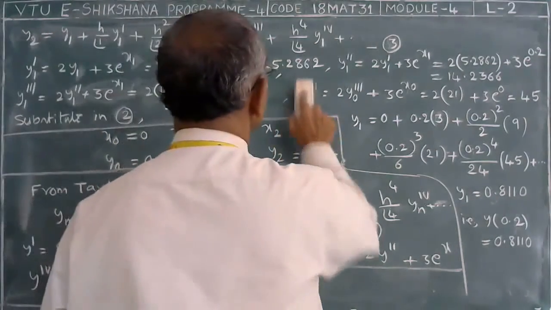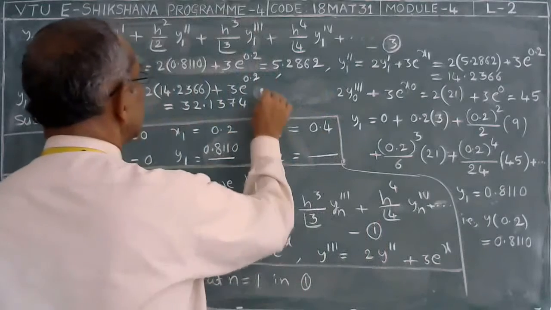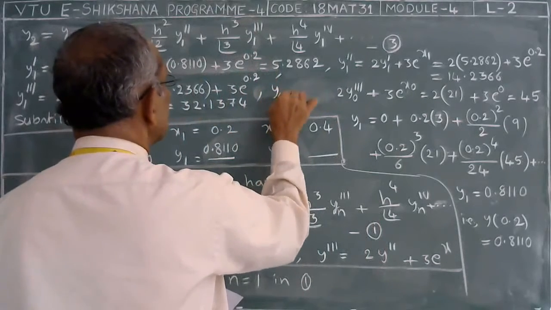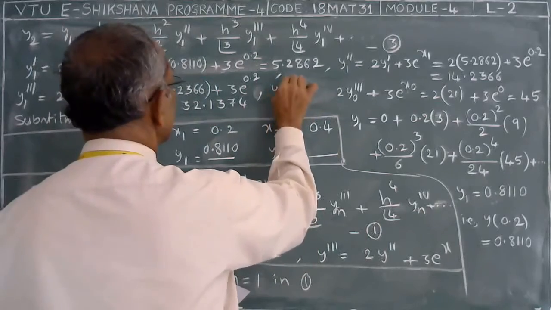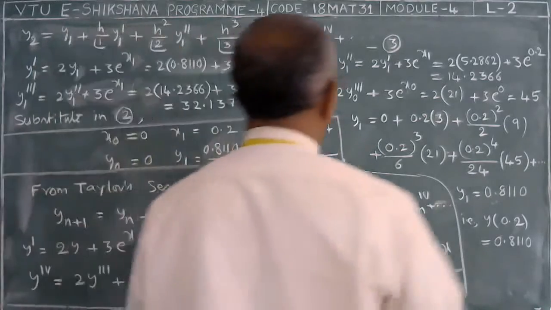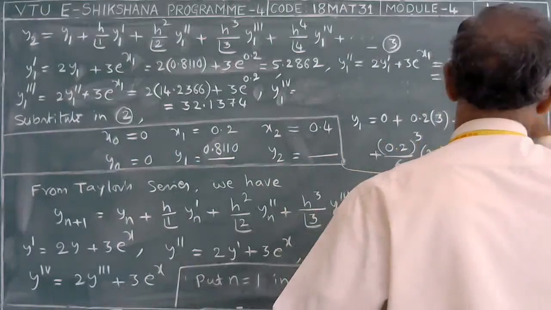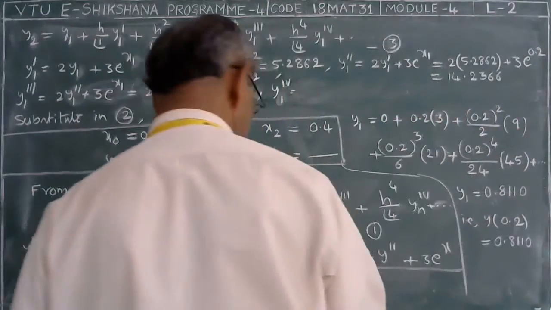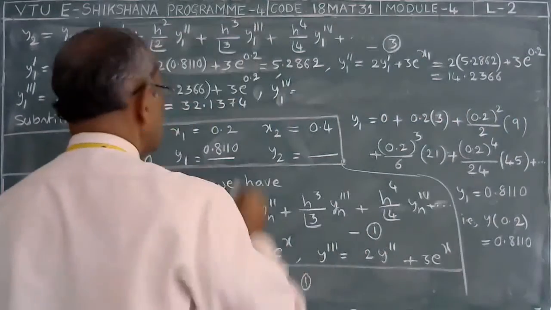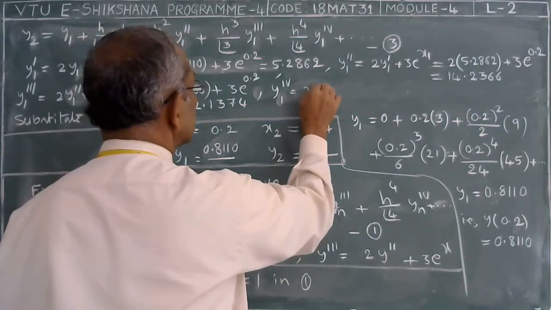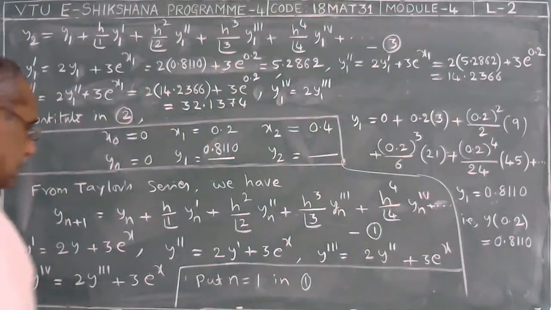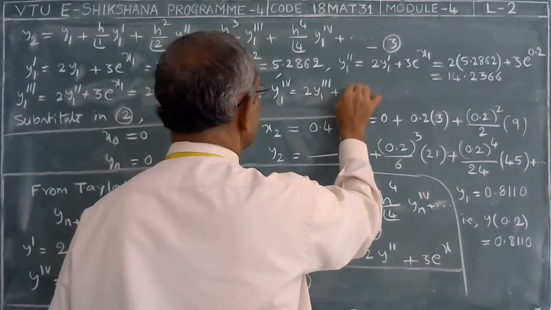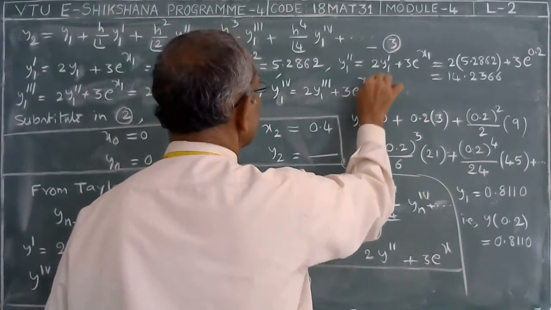Similarly, y1 4 is equal to 2y1 triple dash plus 3 e power x1.